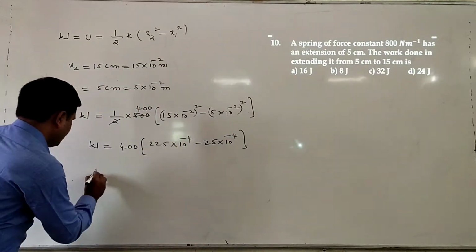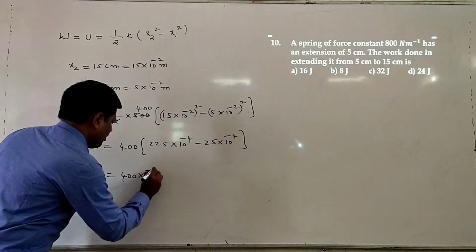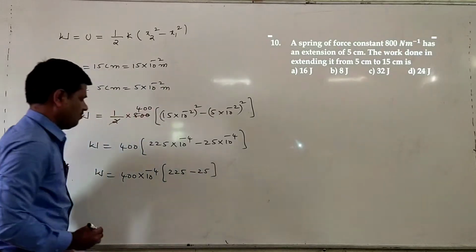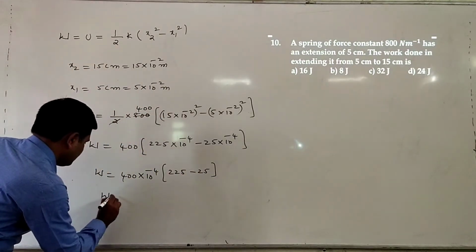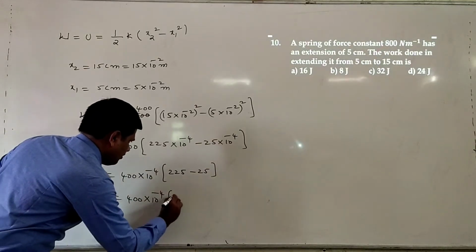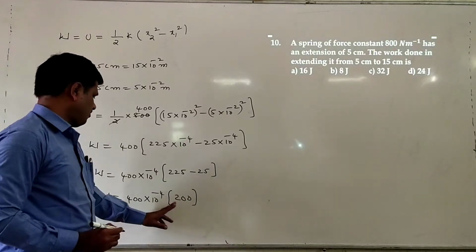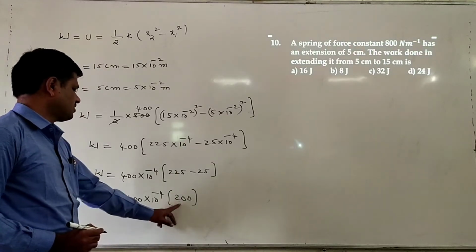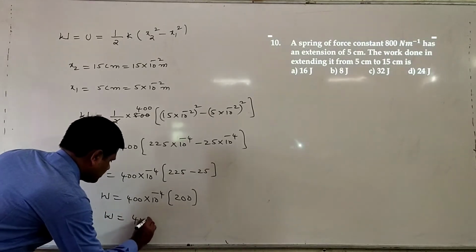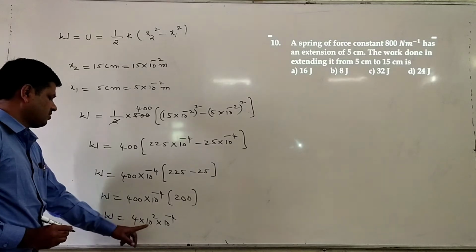Now work done is equal to 400 into 10 power of minus 4 into 225 minus 25. Work done is equal to 400 into 10 power of minus 4 into 200. Now 400 into 10 power of minus 4 into 200 means 4 into 10 square into 10 power of minus 4. 4 into 10 square means 400.